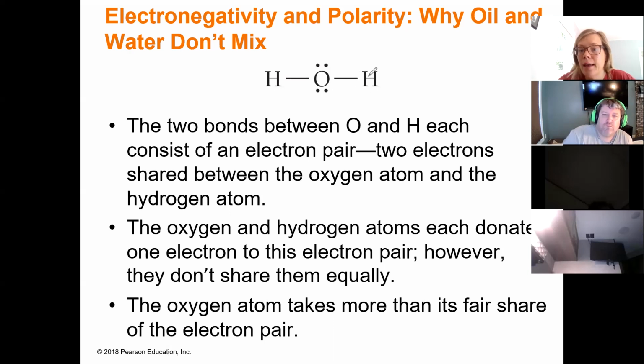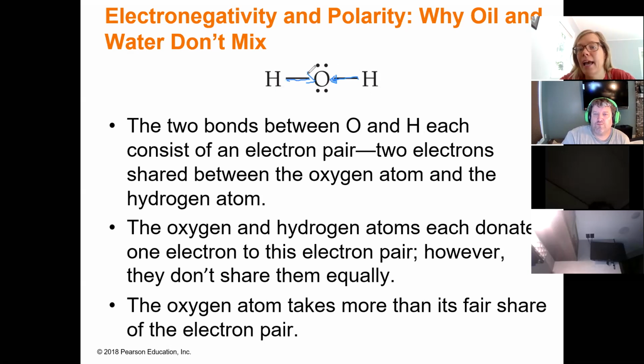Because these are different types of atoms. Depending on the atom you're looking at, some atoms are greedier for electrons. Oxygen is so greedy. It loves the electrons. So it's going to keep the electrons closer to it than the hydrogen. The electrons will shift closer to the oxygen. The hydrogen is still getting access to them, but not as much as the oxygen is.